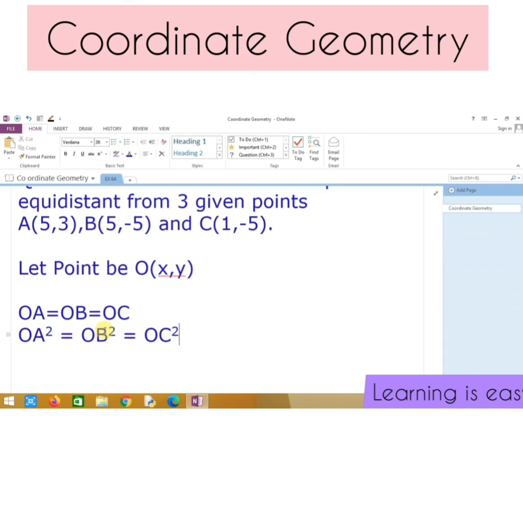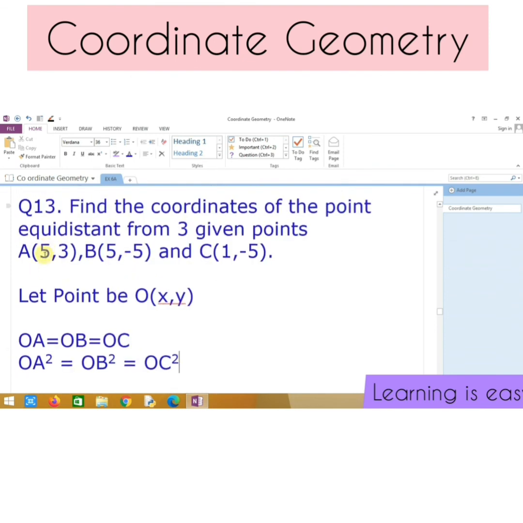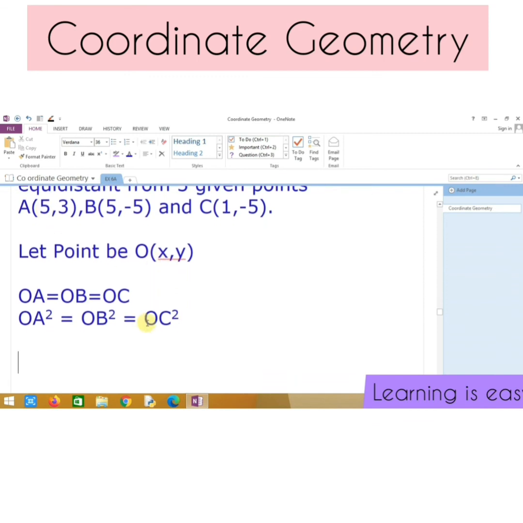So let's do OA square first. All 3 are equidistant, so we can just take one at a time. First we'll get the value of y and then the x.